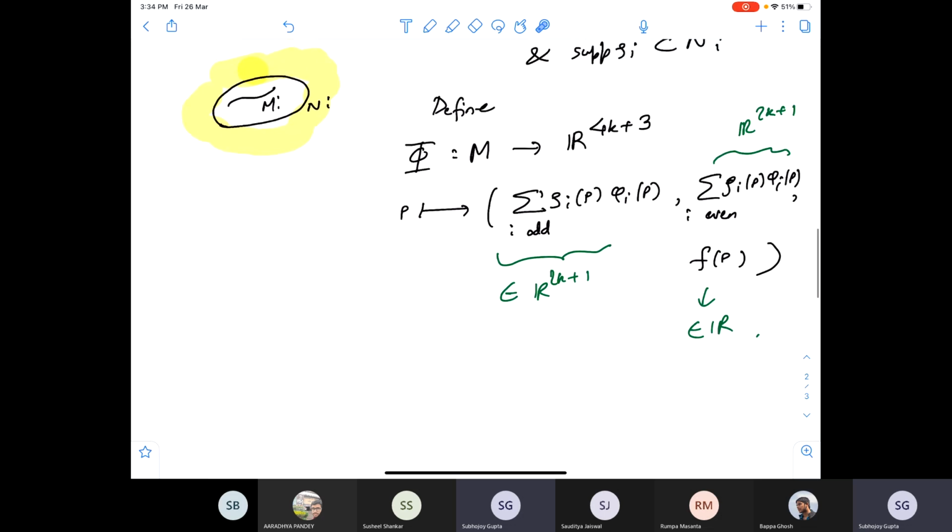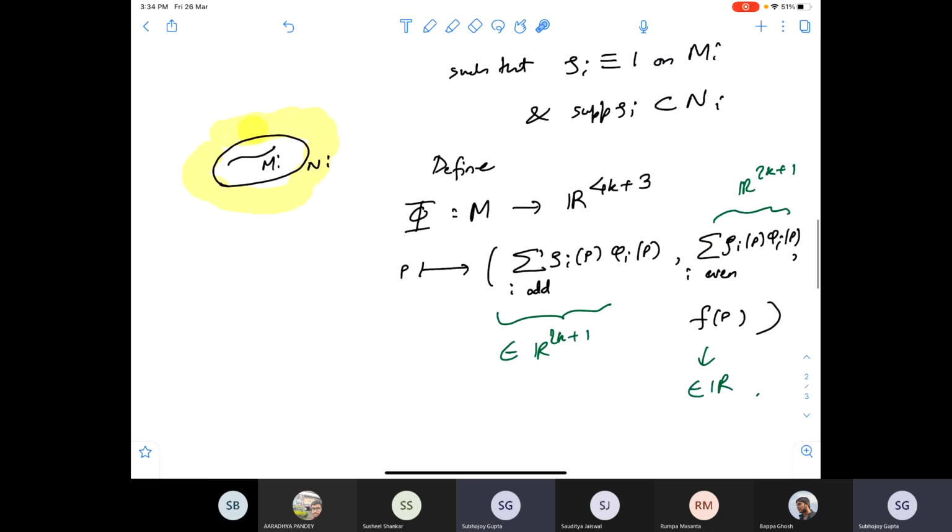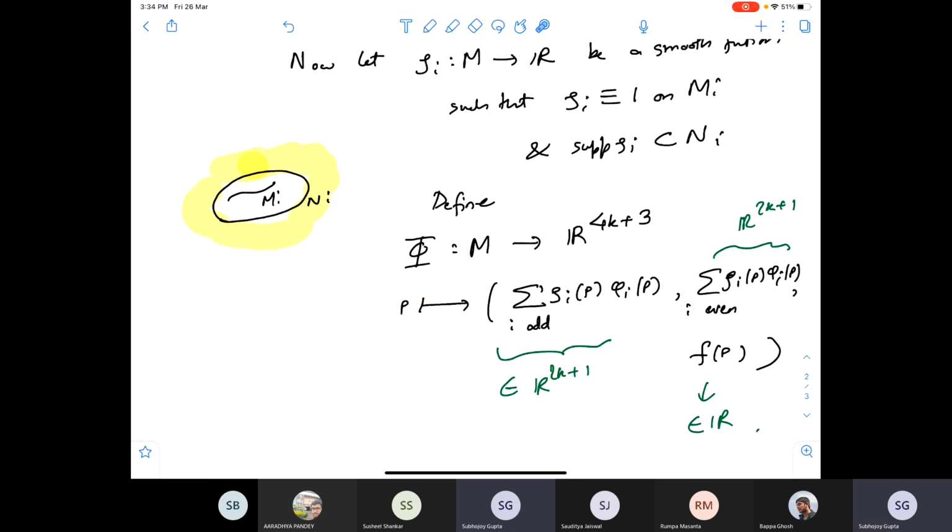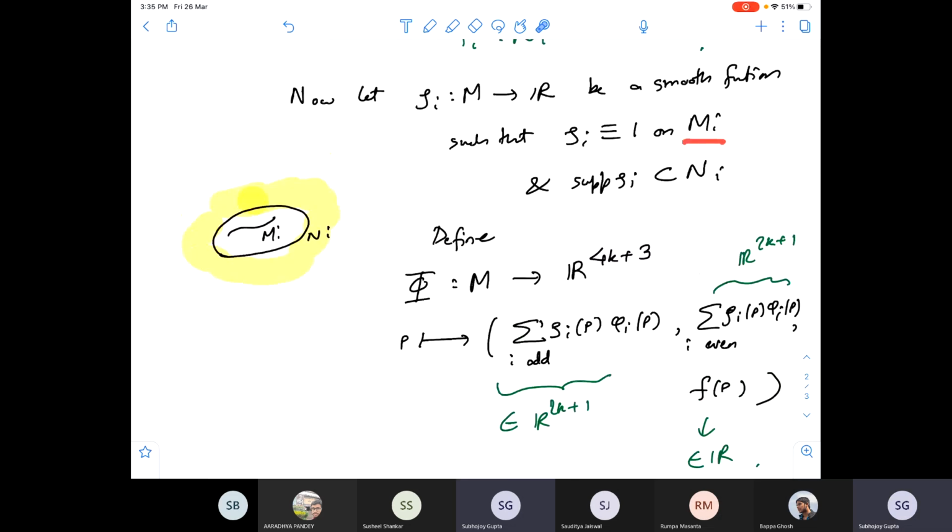This point P has to belong to one of these M_i's, by definition.